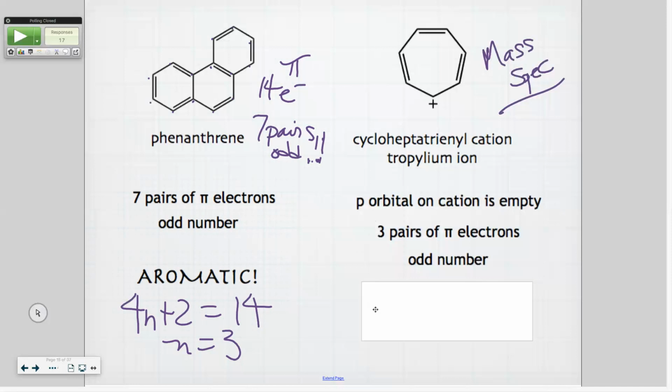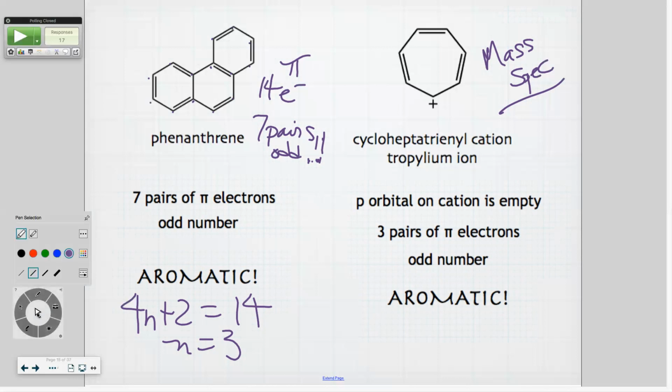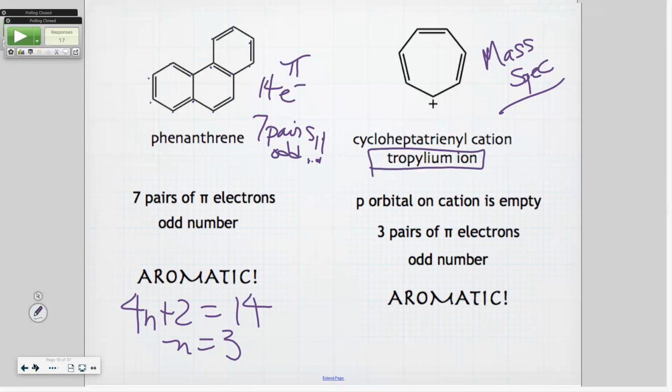This compound is aromatic. That's how come the benzylic carbocation rearranges to that in the mass spec, because it is forming a cation that is aromatic. Okay, super stable. And it's commonly referred to as the tropylium ion. Okay. All right, we had 2 aromatics there.